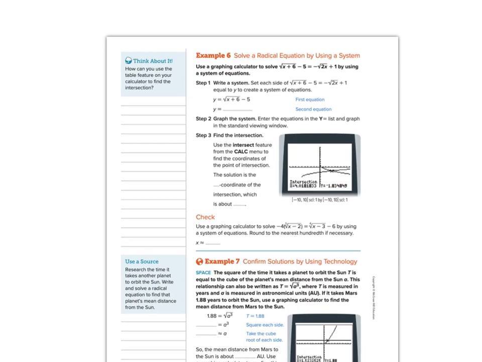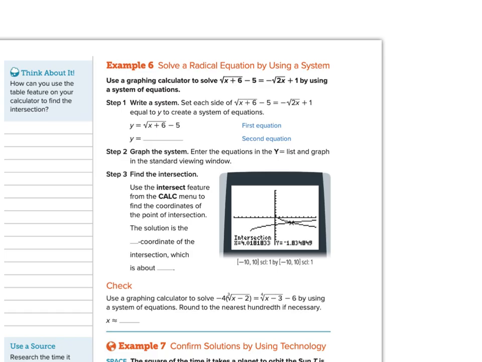Solving it using a system. In this example, this would be one equation in our system, and this would be the other equation in our system. So we would have the square root of x plus 6 minus 5 is equal to negative square root of 2x plus 1. When you graph these, instead of looking for where it crosses the x-axis for the 0, we look for the solution of a system, and we know that the solution of a system is where they intersect.